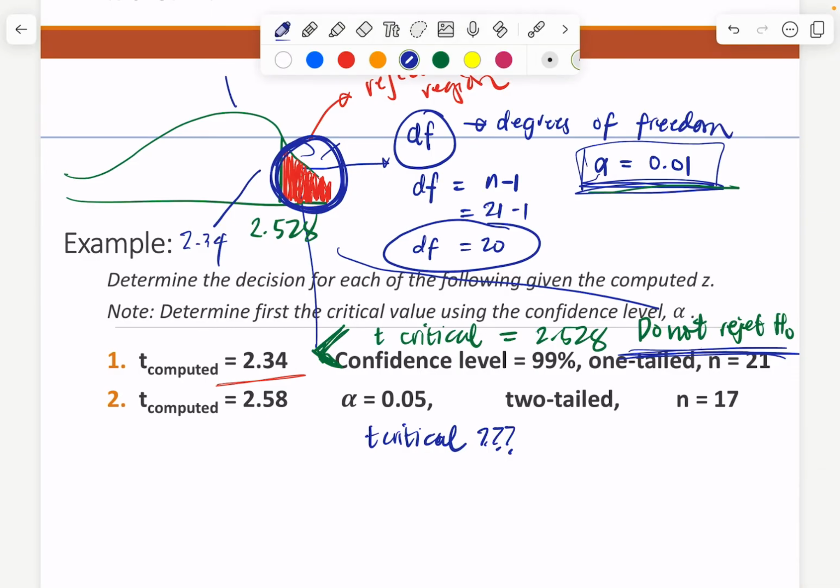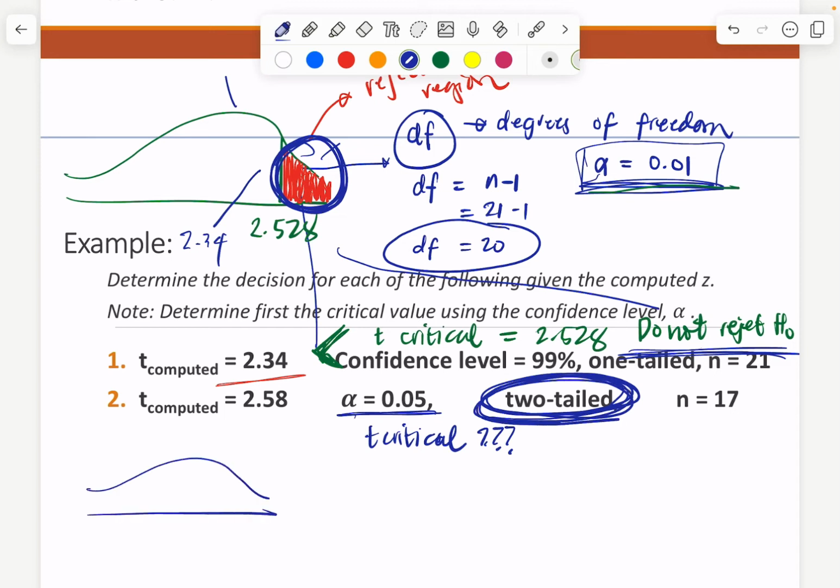Now, in this example, we have an alpha of 0.05. It is also stated here that it is two-tailed. Now, since it is two-tailed, that means the curve will look like this. So what do we do with alpha, or the level of significance? Since it is two-tailed, we have to divide alpha by 2.